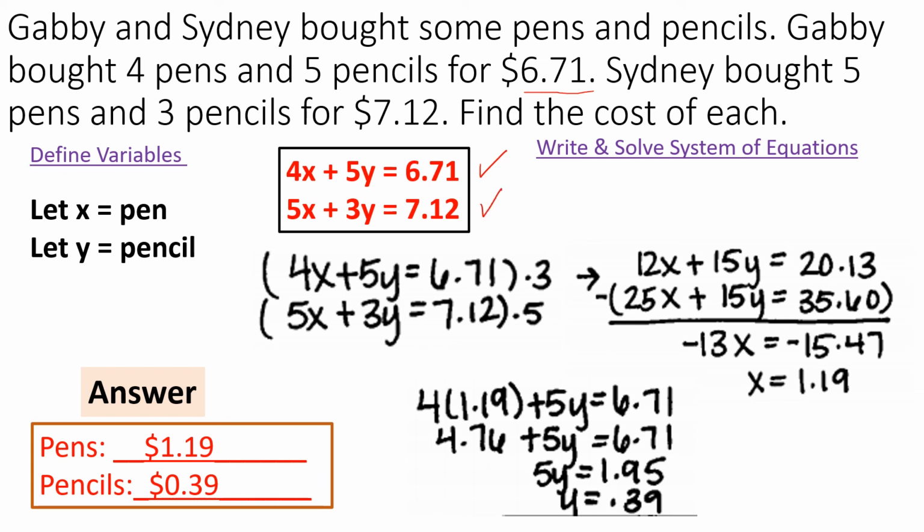And of course, you could have used different variables as long as you define the variables. When you solve the equation, you're able to show what's what. So in this case, pens and pencils, it should have been $1.19 for the pens and 39 cents for the pencils. So I hope you got it correct.